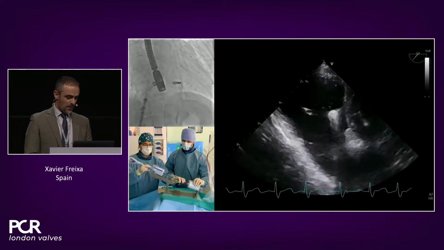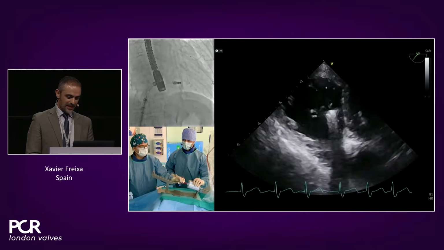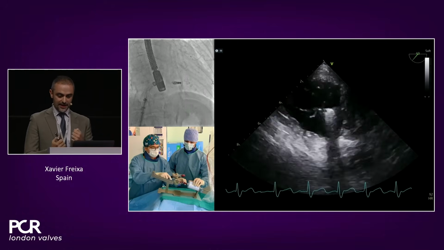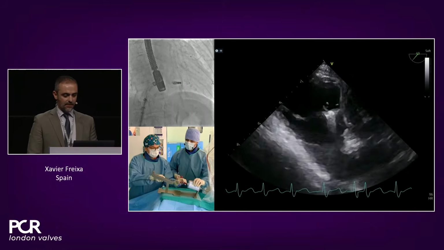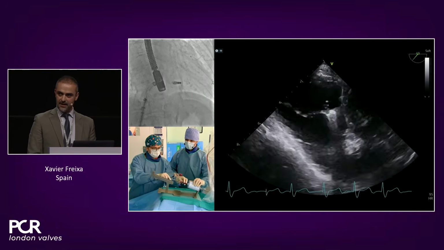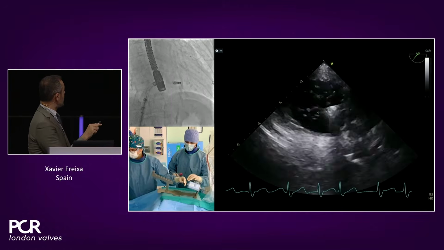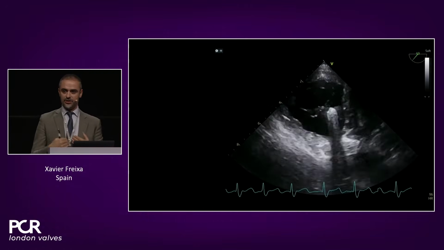So now we remove it and we check again, like here in the transgastric, without the interference that sometimes happens of the clip itself. And now you can still appreciate, in the middle, between the posterior and the septal, that there's still a gap. So that's the end of the first part.